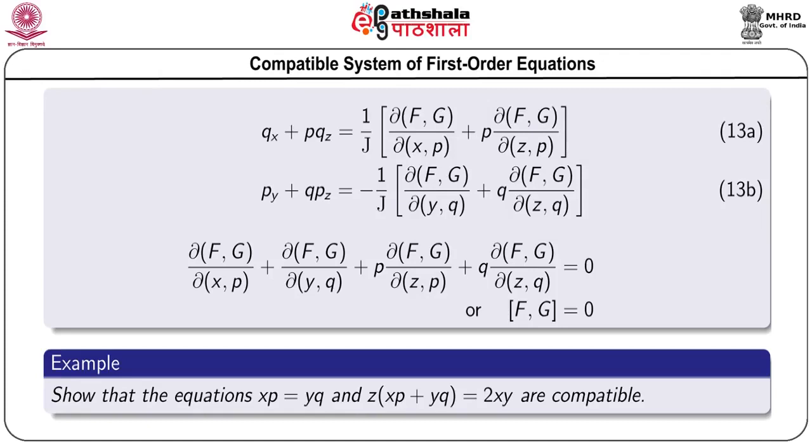Now, we shall take one example to explain the procedure more clearly. So, this is one example. We have to show that xp equals yq and z into (xp plus yq) equals 2xy are compatible. So, there are two given first order partial differential equations, we have to prove their compatibility.